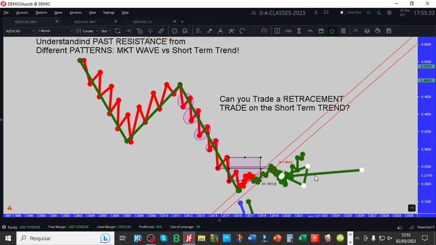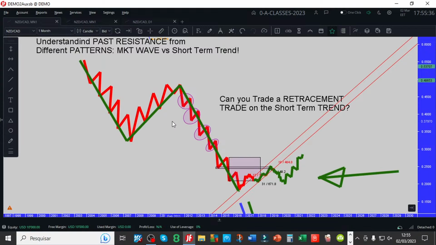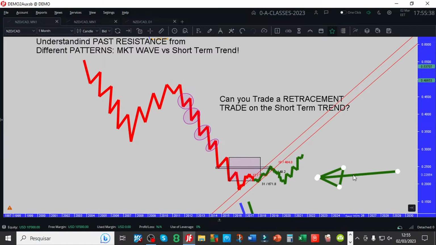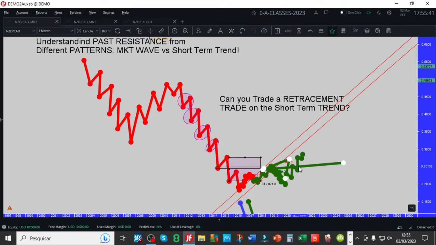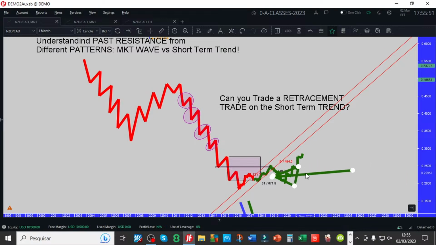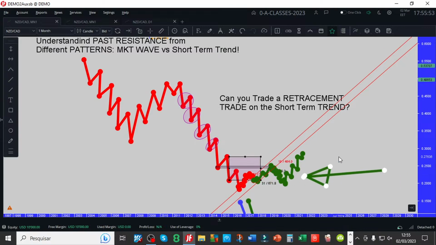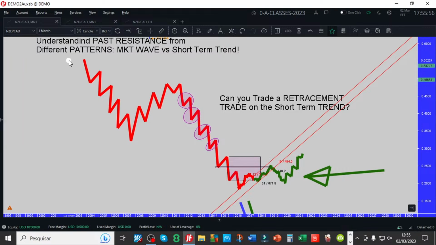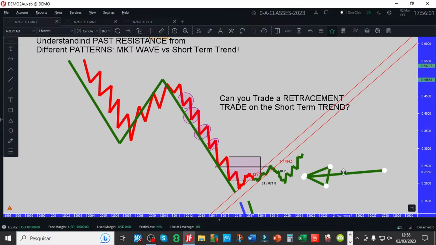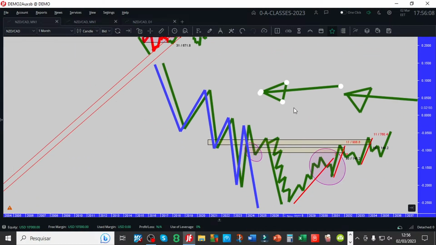It's possible to trade correctly the short-term trend. This is why I told you in the beginning, this is no market wave, this is the short-term trend. This is where you enter, this is where you put the stop loss. So it's possible to enter correctly a short-term trend trade and still lose big, because the short-term trend is going against the market wave.